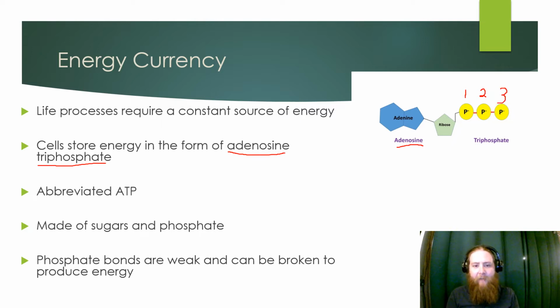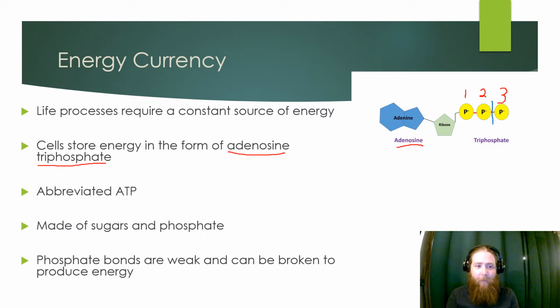These phosphate bonds, especially the one on the end there, are really easy to break off, and this phosphate can be used to produce a lot of energy. When we talk about glucose and glycolysis and photosynthesis, this ATP becomes very, very important, and we will use it a lot. Most of your body's processes require ATP in some form.